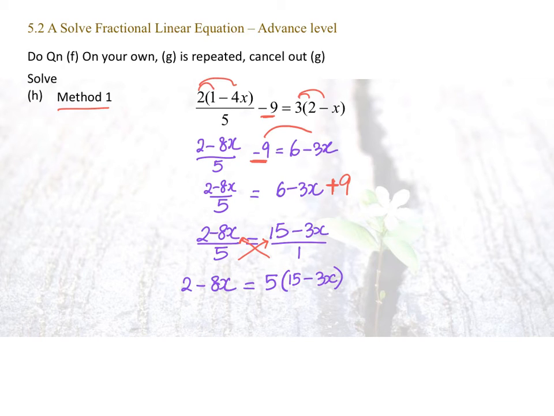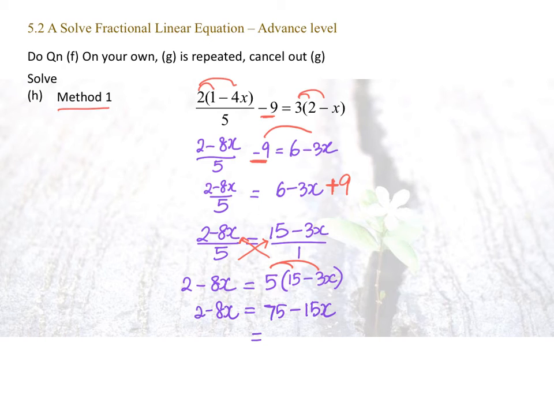Let's expand our brackets and we will get 75 minus 15x. On the other side is 2 minus 8x. Rearranging and grouping the like terms together.